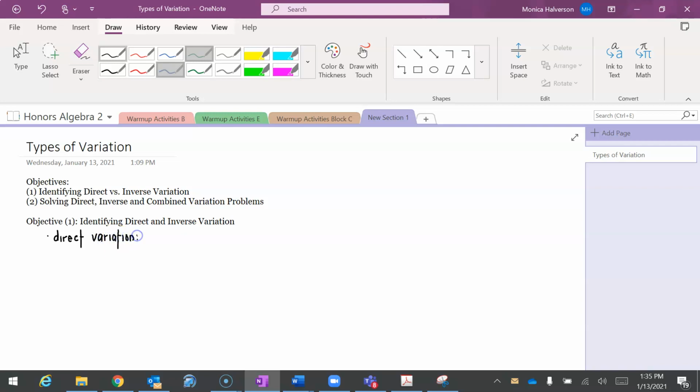Now, direct variation specifically is that as one quantity increases and or decreases, the other quantity increases or decreases at the same rate.